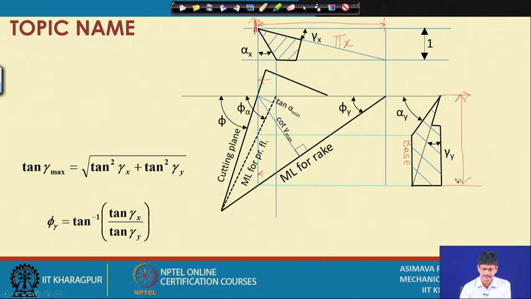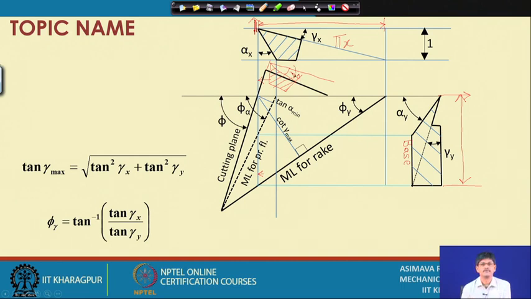For example, if I take the orthogonal rake, it will also be represented that way. The orthogonal rake view will come somewhere here. If I take a section in this orthogonal direction, this will be the orthogonal rake.